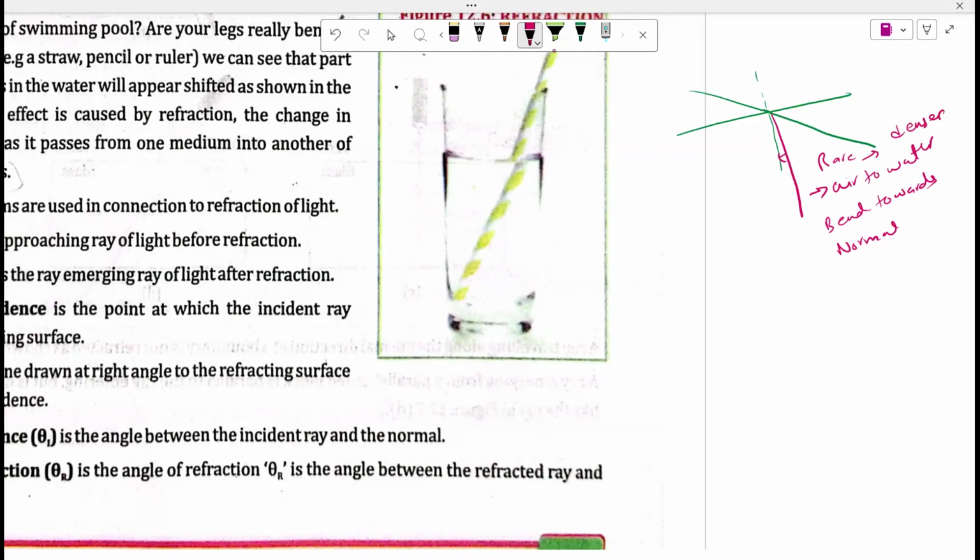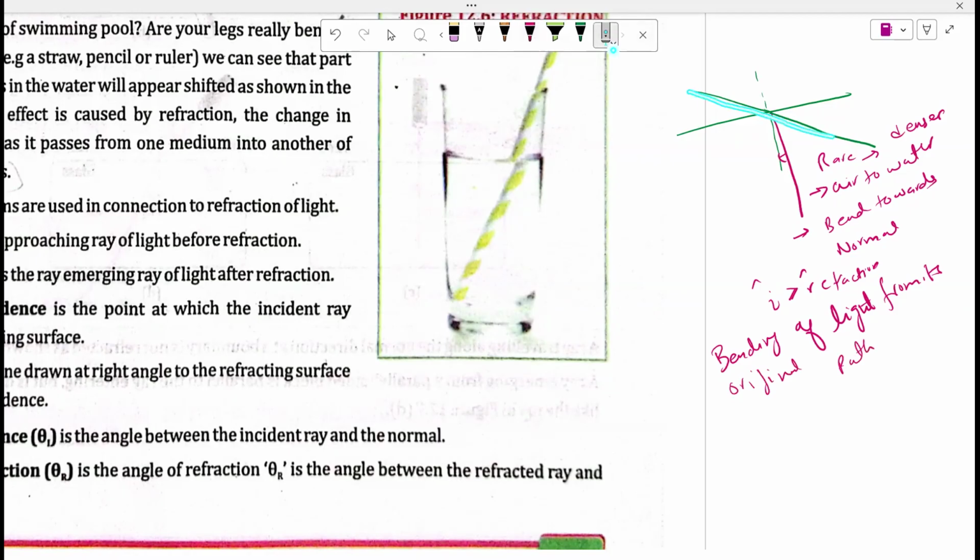When we go from rare to denser medium, the ray of light bends towards normal. That is, angle of incidence is greater than angle of refraction, not reflection. So refraction is defined as the bending of light from its original path. हमारे पास क्या था?